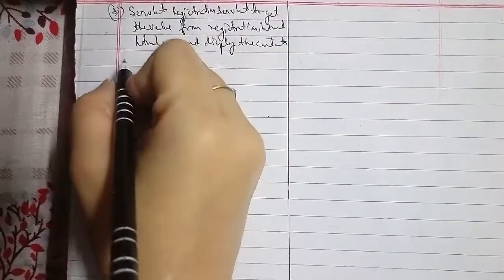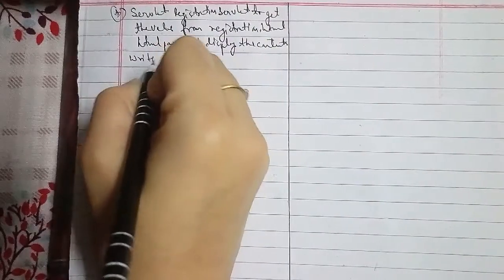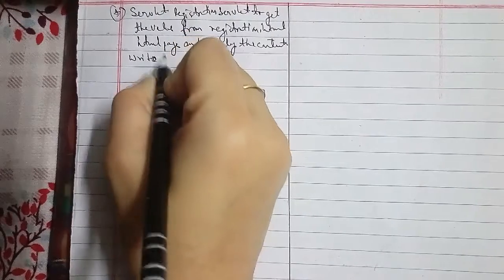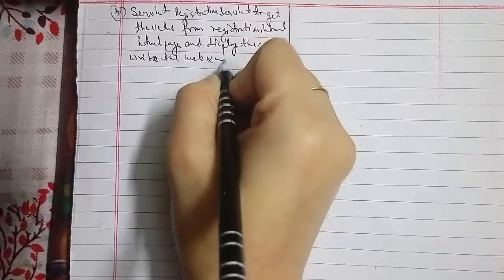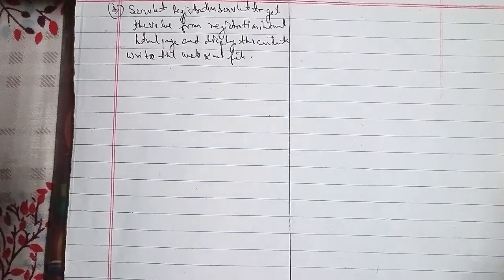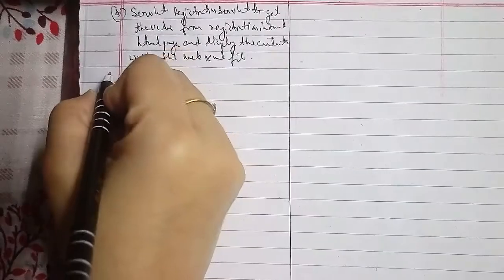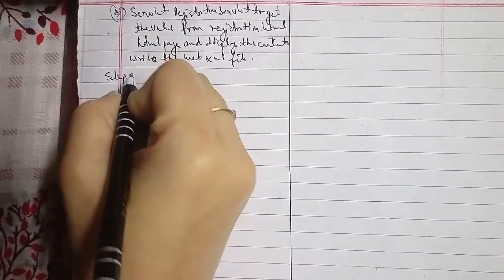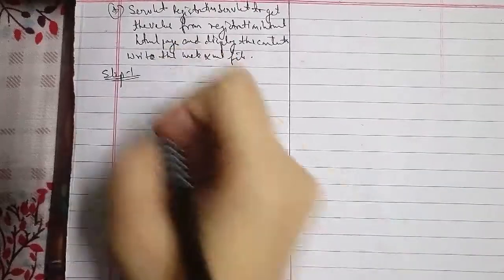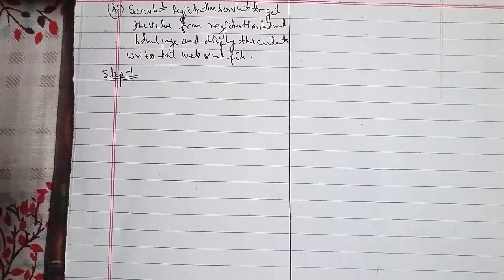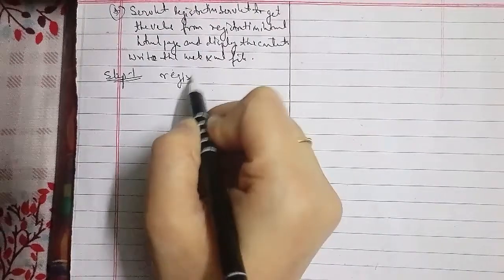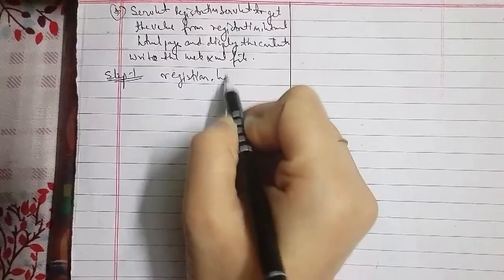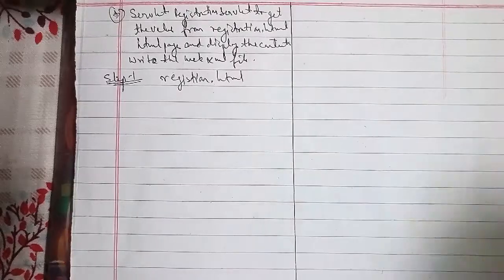Then enter first name, that is your input type equals to text, value equals to, name equals to fname, size equals to 5.